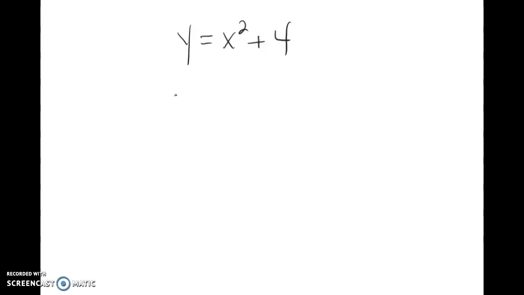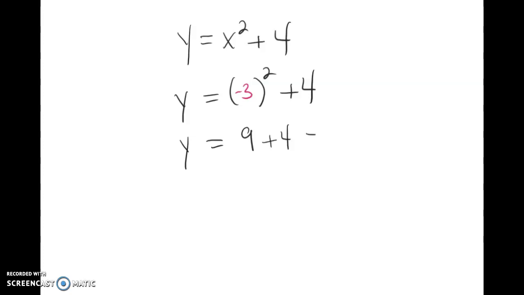And the first one told us, well, in place of x, you're going to put in 3. Or I think it was negative 3. So after you substitute negative 3 in for x, what are we going to get? Negative 3 squared will be negative 3 times negative 3, which is a positive 9. And we add 4 to it, and we get 13.